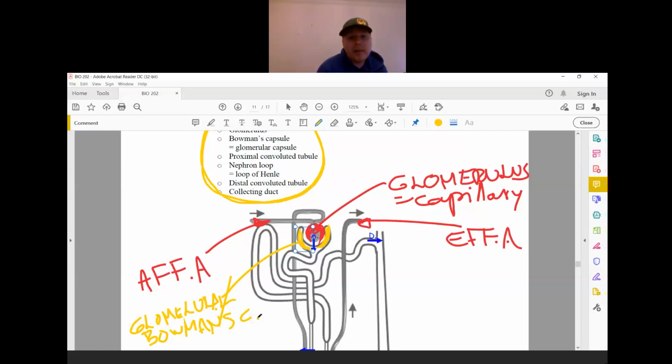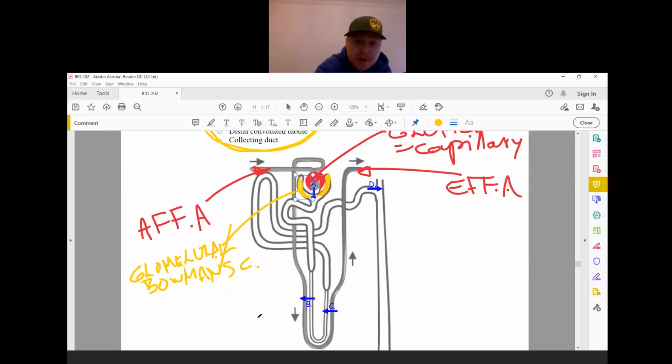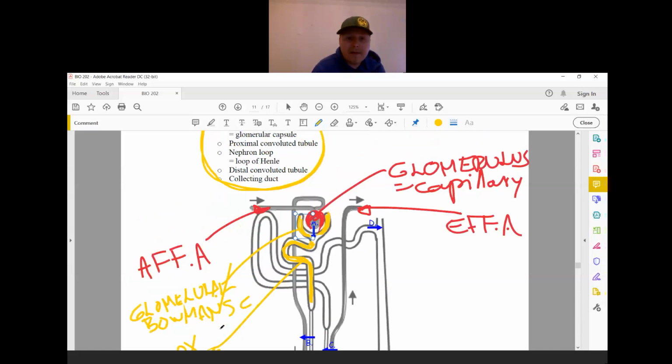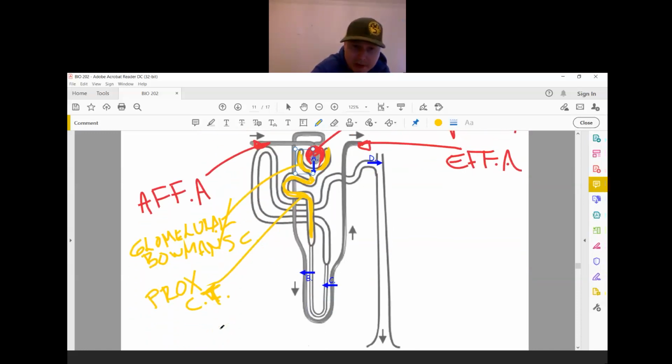And from the Bowman's capsule, we have our proximal convoluted tubule. And then we have our nephron loop, sometimes known as the loop of Henle.